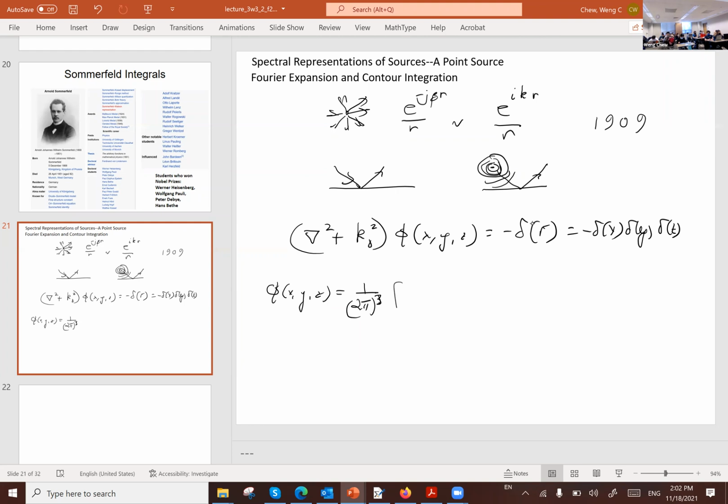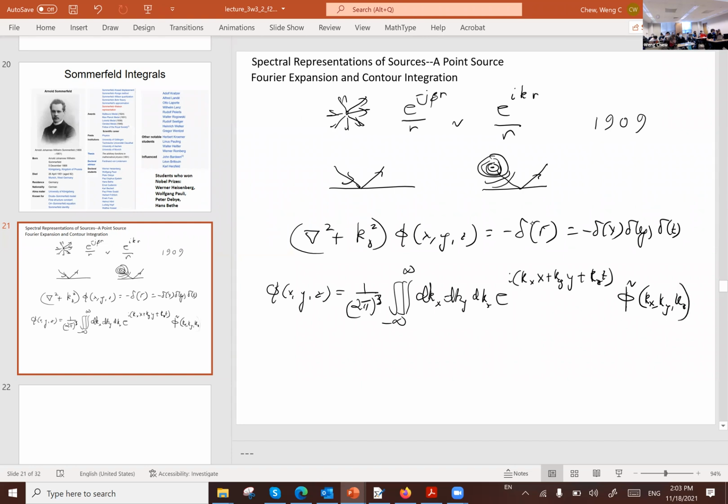If I write out this 3D Fourier transform, it will look something like this, and then its Fourier transform in the Fourier transform variable. This is just a statement of the Fourier transform in 3 dimensions.